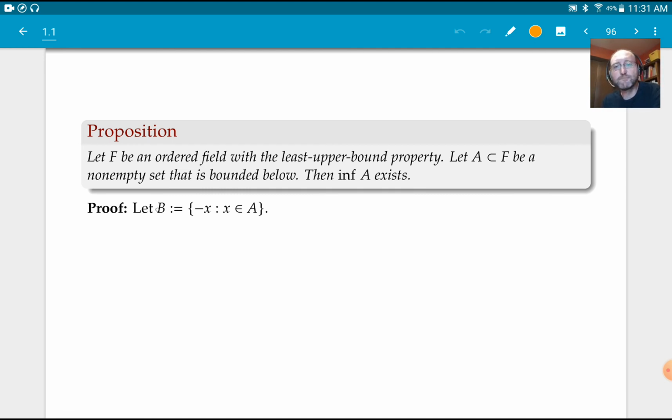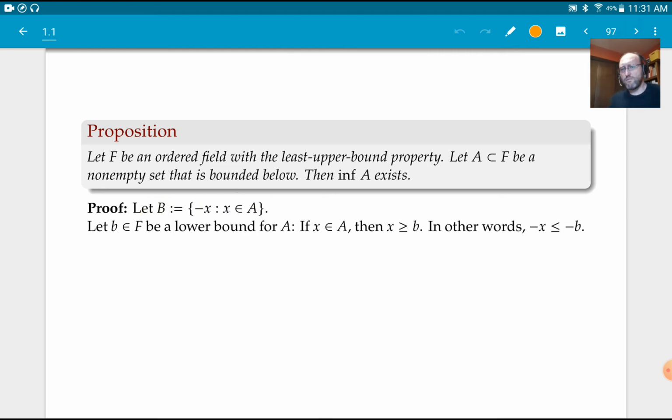Okay, so let B be the set of the negations of all the things in A. Let's suppose that A is bounded below, so there exists a lower bound.